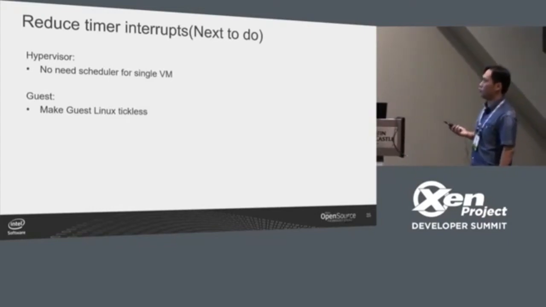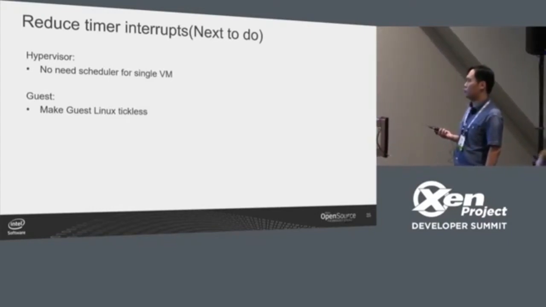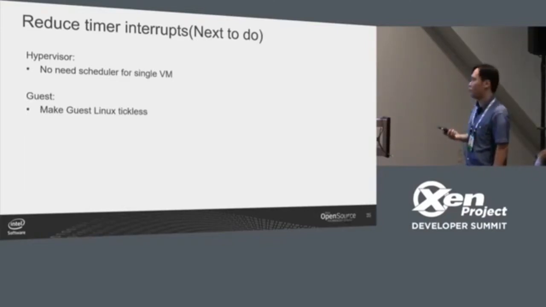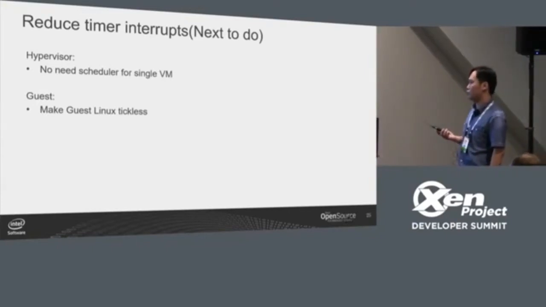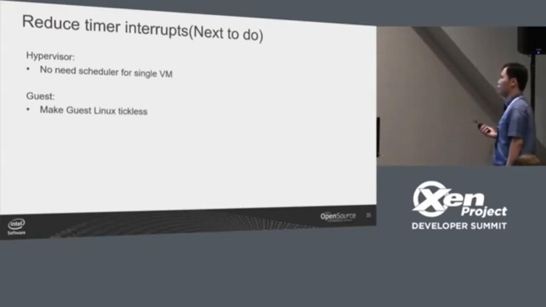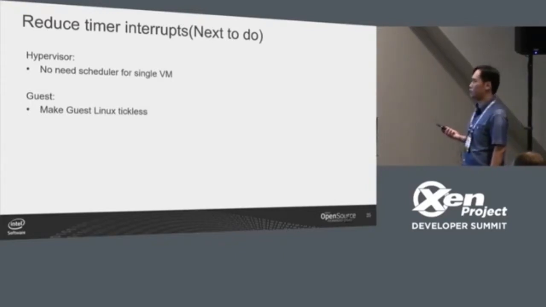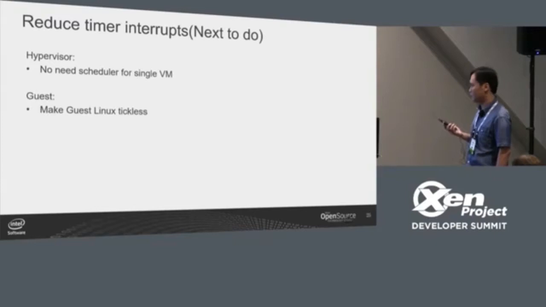We have some thoughts. First, from the hypervisor view, since we just run one single VM on one machine, the scheduler may not be necessary. Then that can help to reduce the schedule timer requests. From the guest view, we can make the guest Linux kernel tickless to remove some periodic timers.